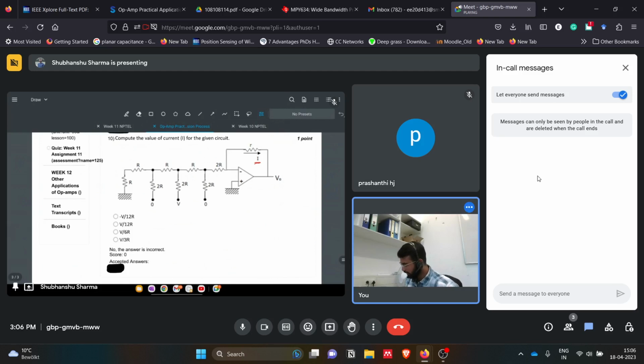So let's say we have 0 volt here, R here, so this is basically 2R, this is 2R, and this is grounded. We have to see Thevenin from this side, VTH, and similarly RTH from this side.